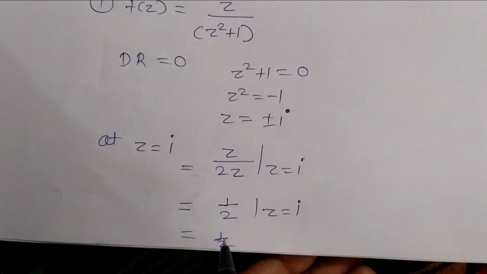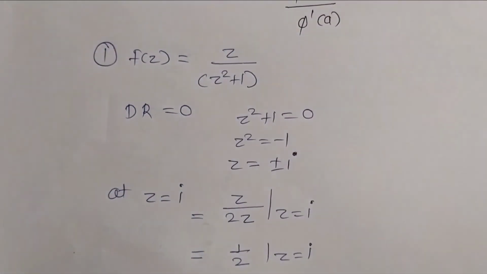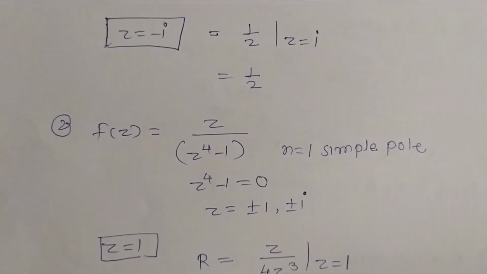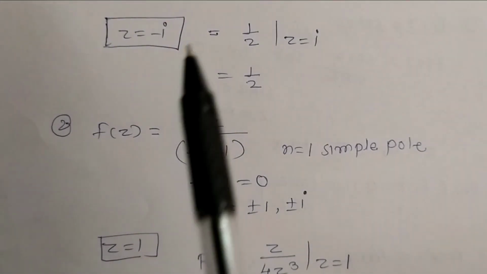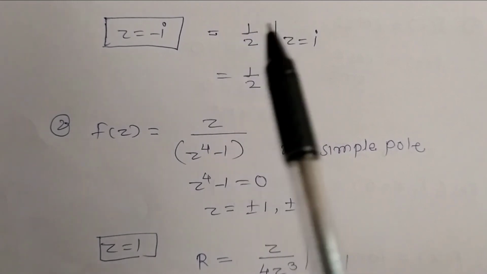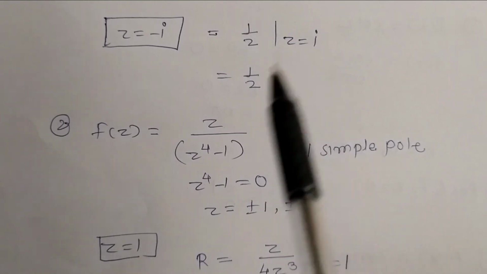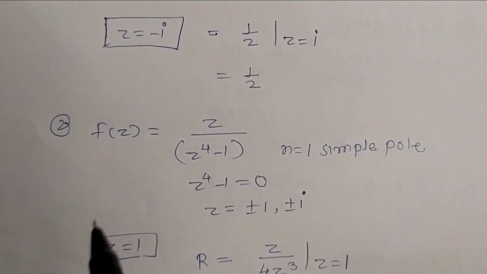So this is the residue. And when z is equal to minus I, minus I upon twice minus I, the I gets cancelled, and this is again 1 by 2.